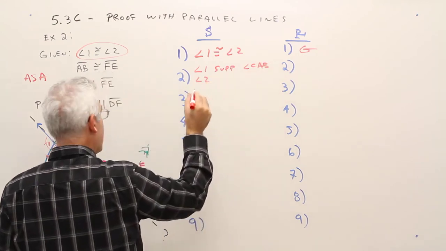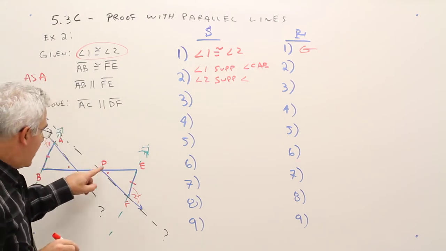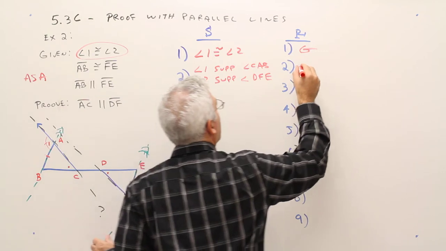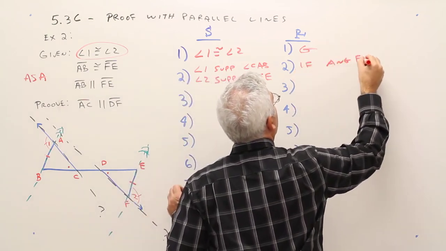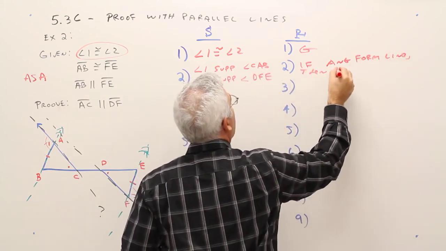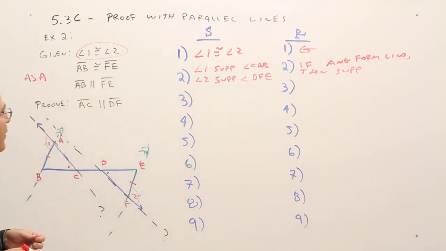And angle 2 is supplementary to angle DFE. If angles form a line, then they're supplementary. You could say straight angle, but line's quicker for me to say.